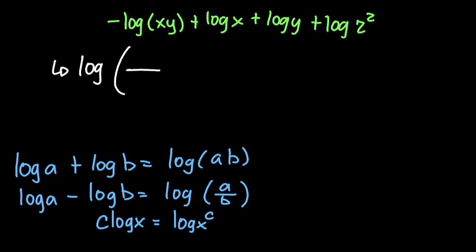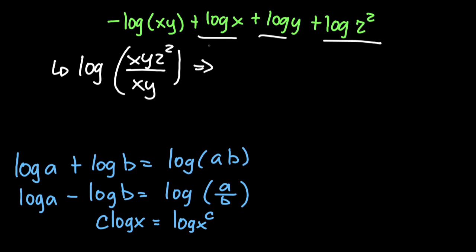So this would be the denominator of xy. And log of x is positive, log of y is positive, and log of z squared is also positive. And so to simplify this, x here would cancel, y would also cancel, which leaves you with only z squared. So your final answer would be log of z squared.